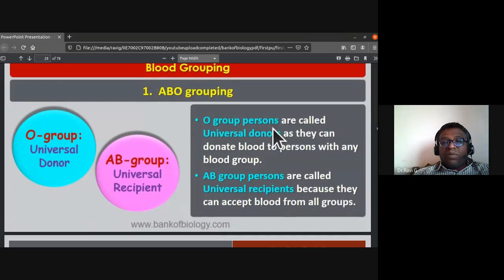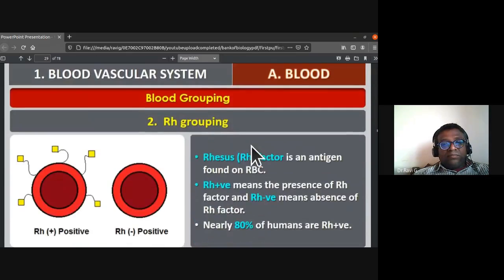So O blood group persons are called universal donors, as they can donate blood to persons with any blood group, since they are antigenless. AB blood group are universal recipients. Since they are antibodyless, they can receive blood from any blood group.